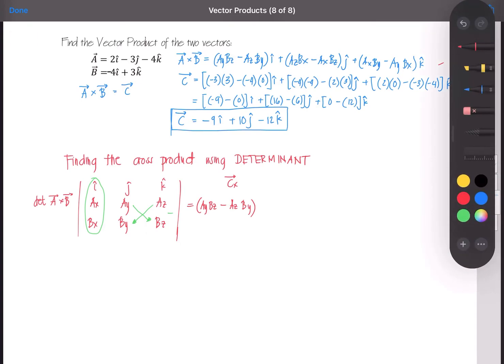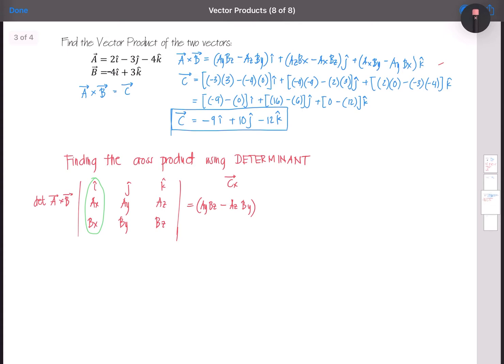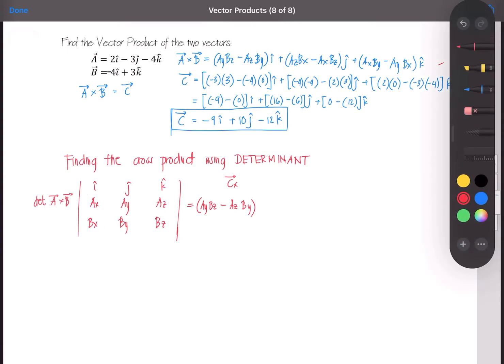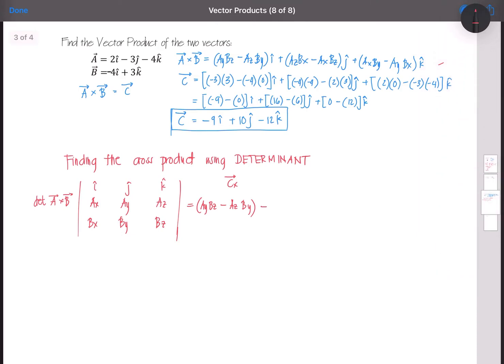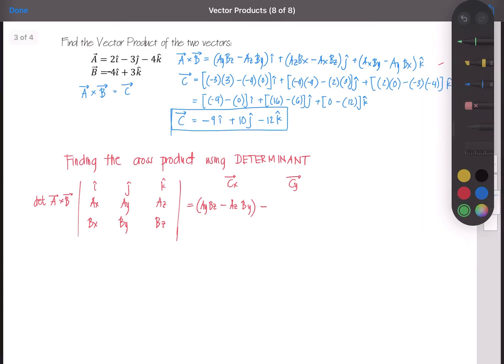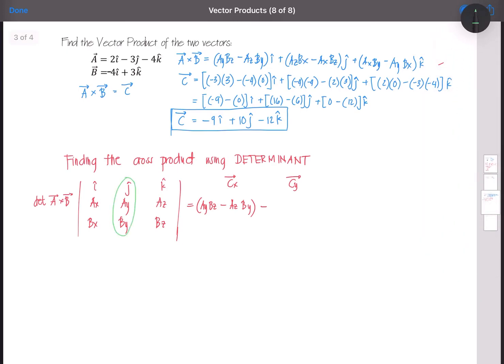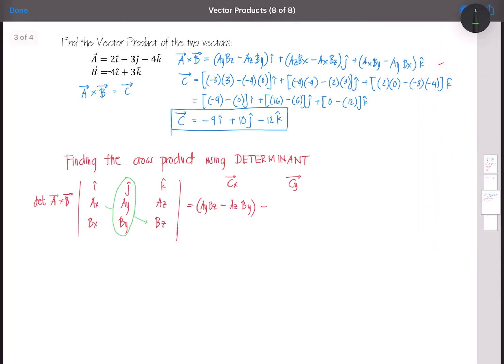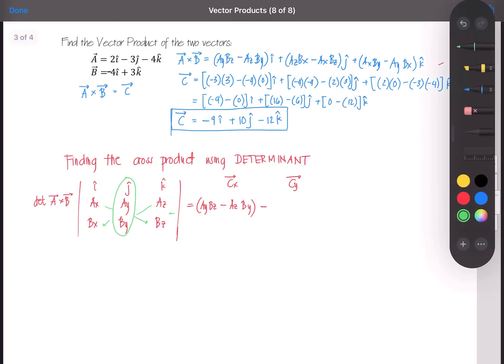So what do we do next? For the y component, this time we have a minus, since it alternates. The signs of the first row terms go plus, minus, plus. So for the y component it is minus. We cover that column and multiply the same way.